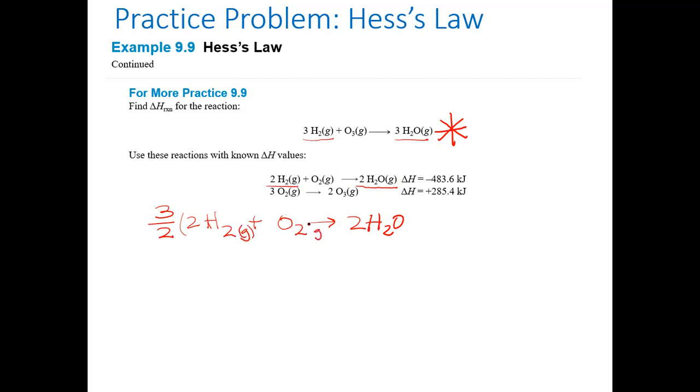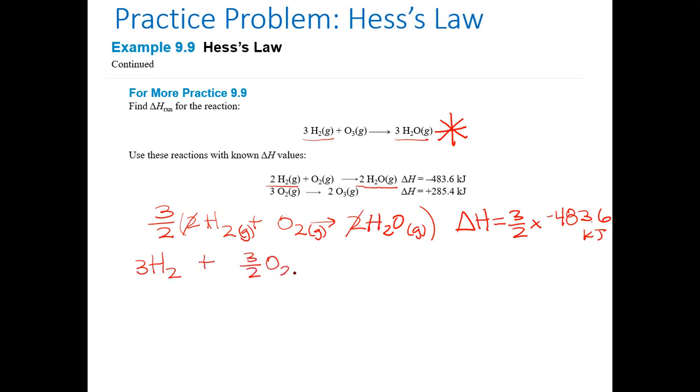Gas, gas, gas. And our delta H also by 3/2. Okay, if I divide it by 3/2, this 2 cancels. This 2 cancels, so I'm left with 3 H2 plus 3/2 O2 yields 3 H2Os.